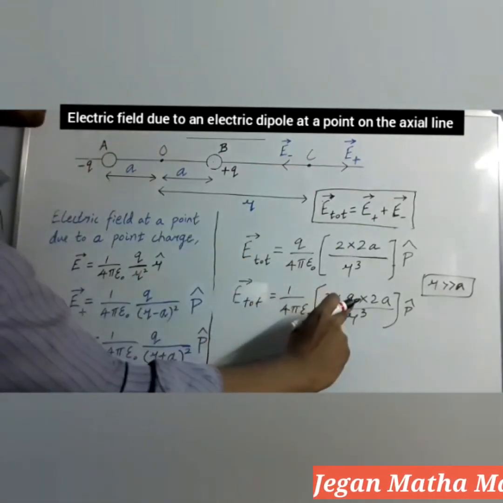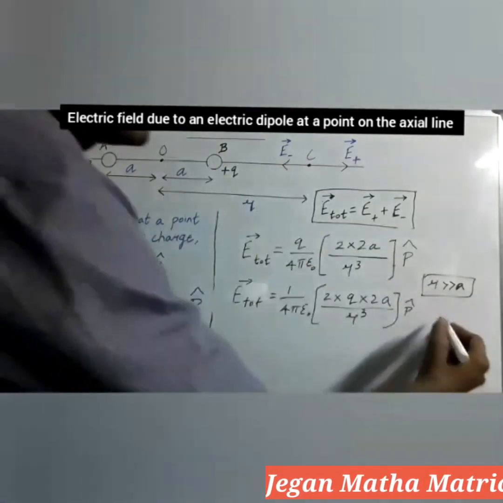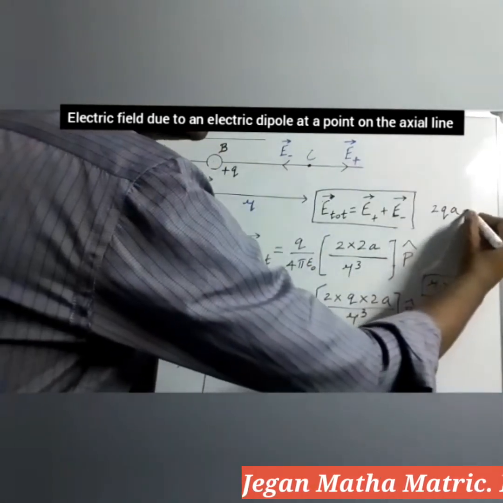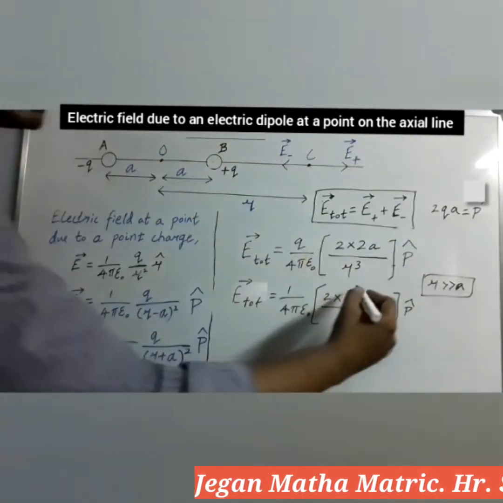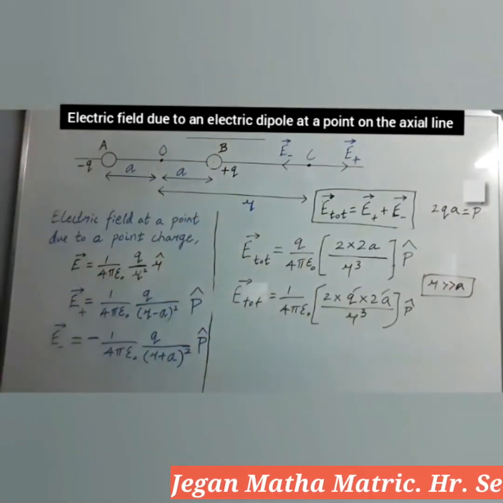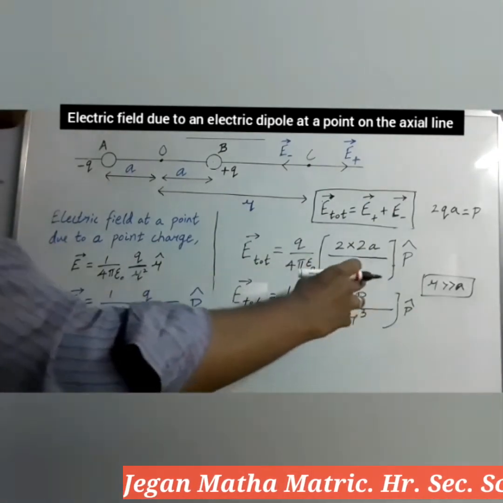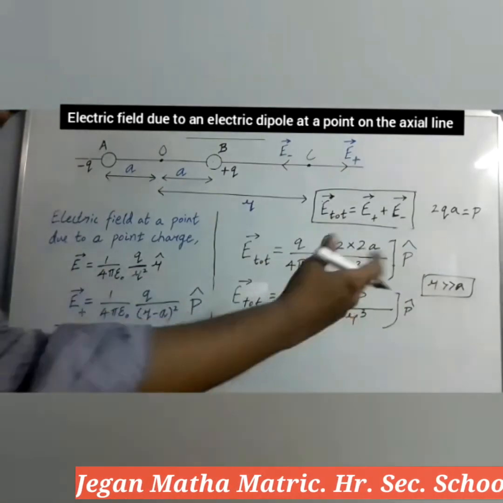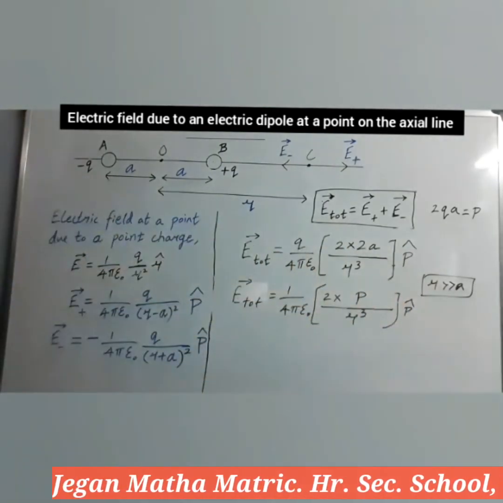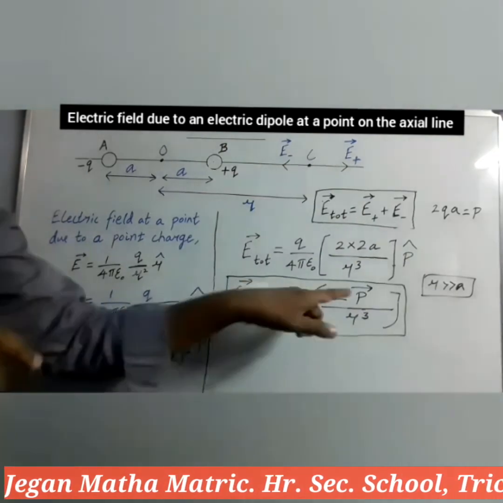Here you can see the product of charge and distance between the two charges, that is 2qa, which is the electric dipole moment. So instead of q into 2a, I can write the dipole moment p. Here the magnitude of the dipole moment p and the unit vector p cap are there. You know that when magnitude and unit vector are multiplied, you get the vector value, so that can be written as p vector.